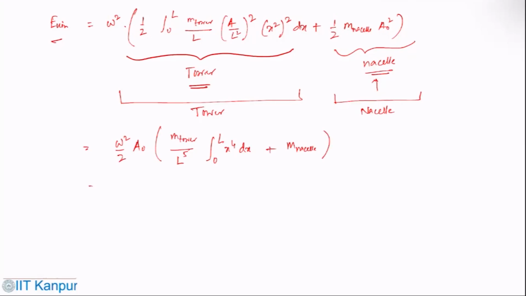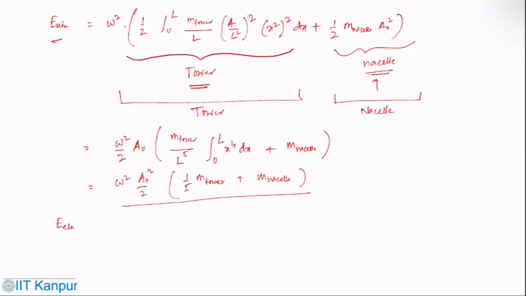Now, with further simplification, we have omega square A naught square by 2, 1 by 5, m tower, plus m nacelle. Now this is what we get for the complete kinetic energy.